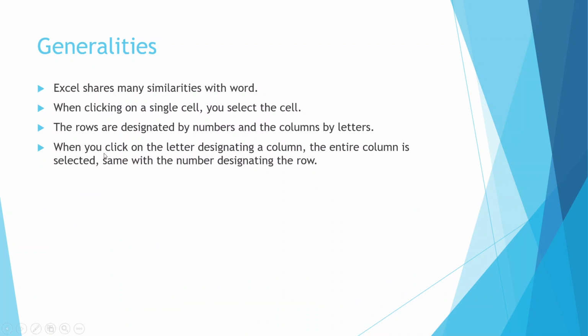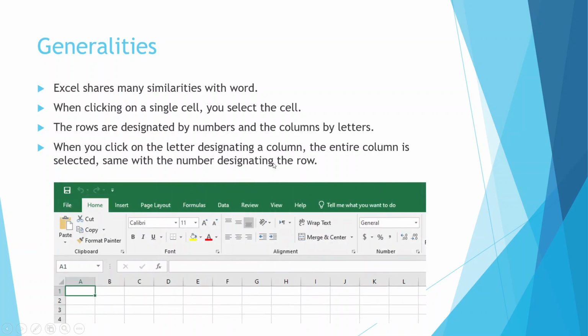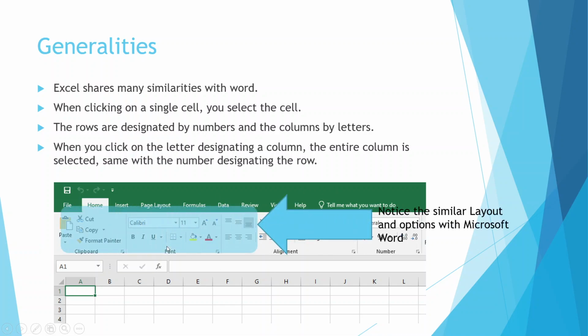We've seen this just now. When you click on the letter designating a column, the entire column is selected. Same with the number designating the row. Here is the interface of Microsoft Excel. Now, notice the similar layout and options with Microsoft Word. We have many similar options.